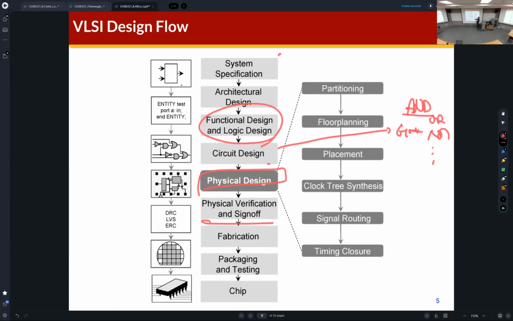This means that we need to verify the correct operation of this chip. Sign-off means it's a correct design, and then we just sign that it's the correct design. Then the VLSI chip is manufactured at the fab, like TSMC or Samsung.